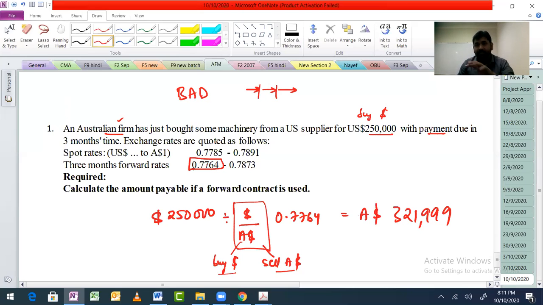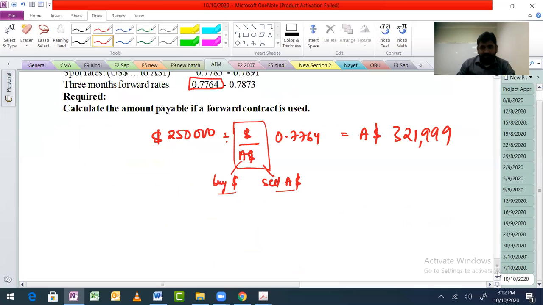Because understand one thing, your AFM is not only about the derivative market. If it is, then you will only do this for 3 months and you will remember everything. You have to concentrate on other things also, right? You have to remember other formulas and other maths also, correct? So we can't commit too much of your memory to this. That's why easy steps. Anyways, fine. So this is done.